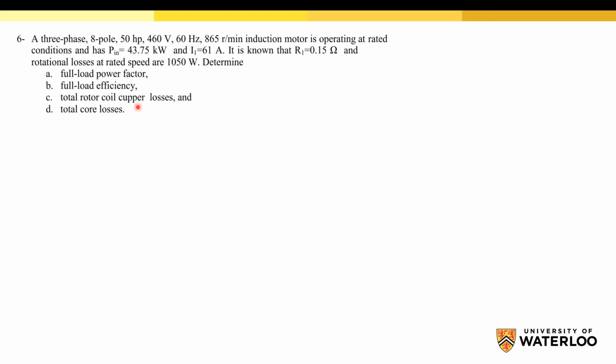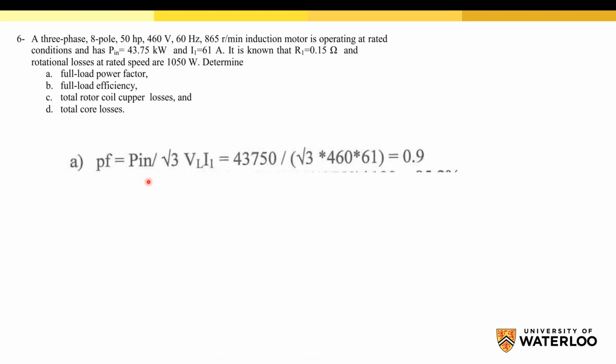This is very straightforward because we know the input power, the input current, and the input voltage. So we can divide the input power over the input voltage and the input current to calculate the power factor. Don't forget root 3 because here we have a 3-phase, or 3 if you are going to use phase values.